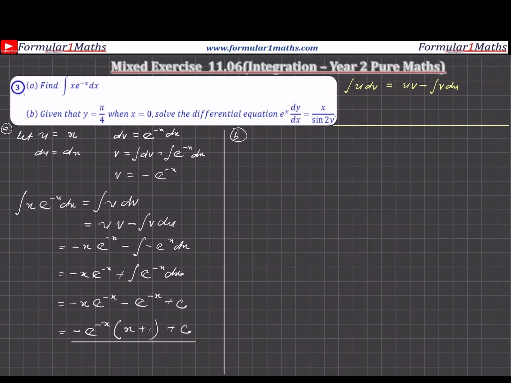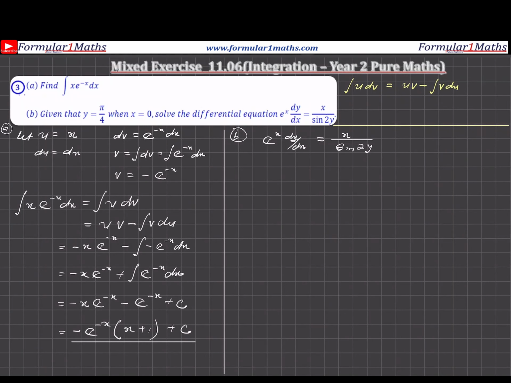So for B, they're going to solve this differential equation. So we can separate the variables. So what I have is e to the power x dy/dx is equal to x over sine 2y.